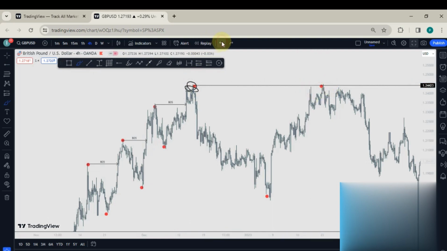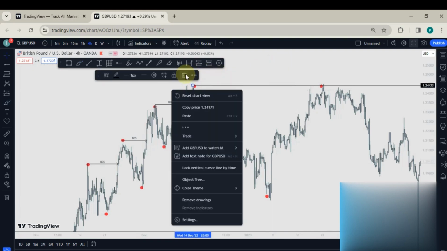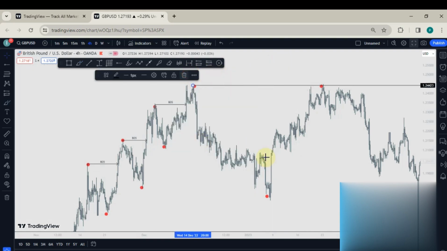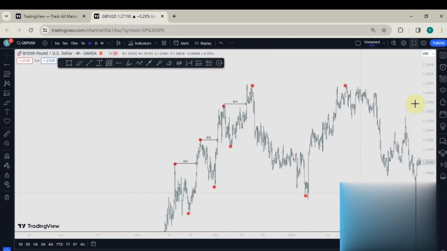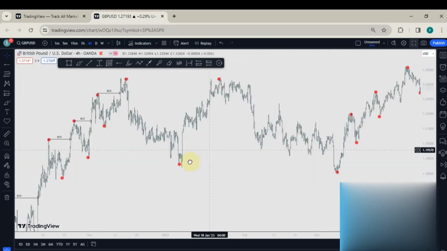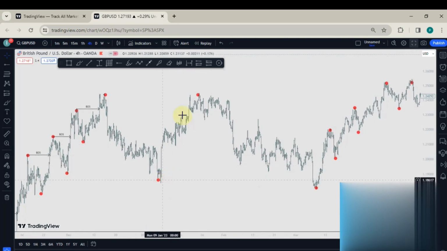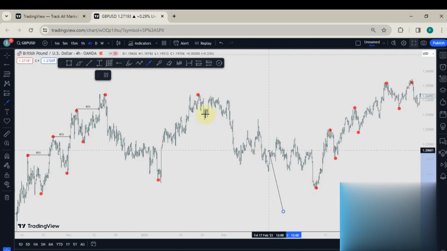So in this case, we have our equal highs here. And then going forward, we now have this low breaking this low.